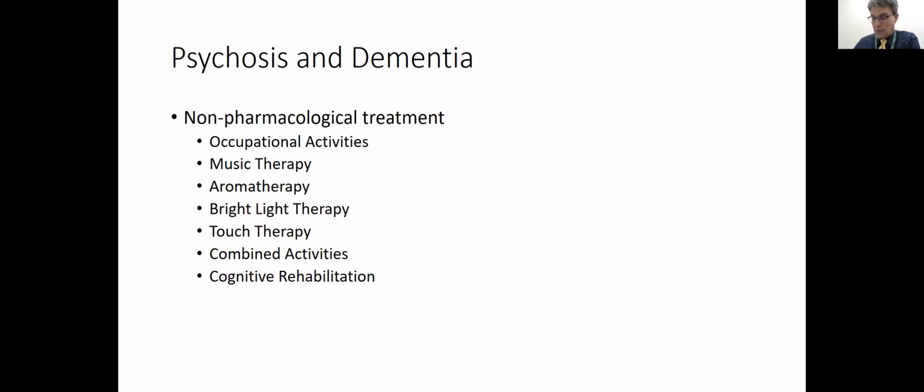Occupational therapy activities, just like it sounds, they tried tailored occupational therapy, and that was shown to improve shadowing, where the dementia patient was following the workers around and shadowing somebody else or one of the other residents.